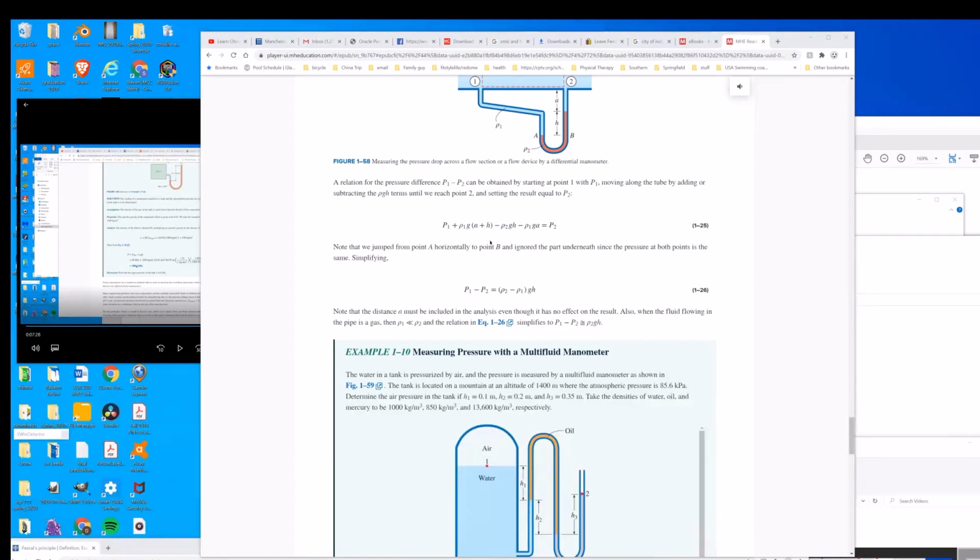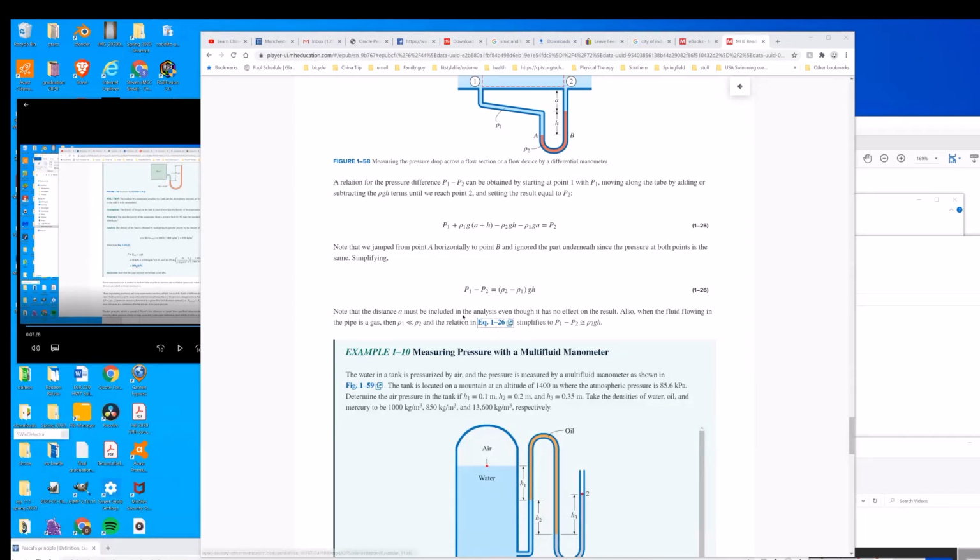So this is gone, and then this part of the term is gone, and then we're just left with rho 1 gH minus rho 2 gH, okay? And then we just break it out, pull out the g and the H, and then we have just rho 2 minus rho 1 times gH, okay?